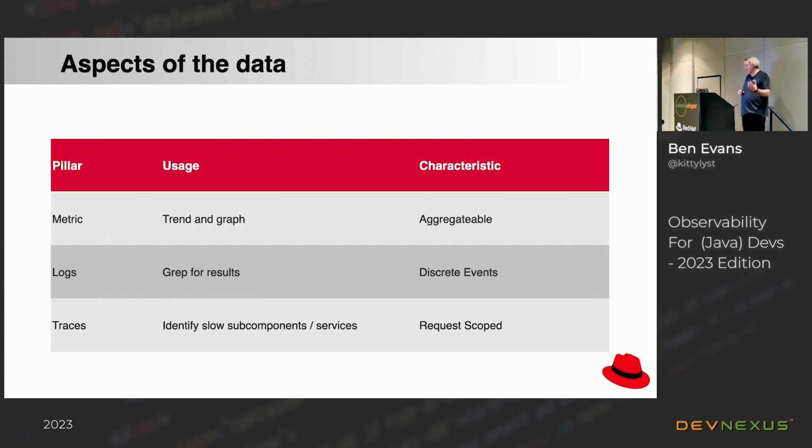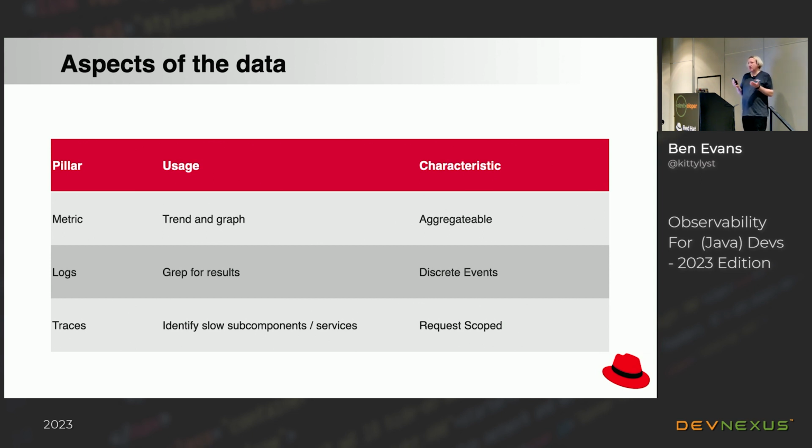So they're about discrete events, and they're about just essentially semi-structured text. And traces allow you to figure out what is slow or unresponsive or not working, and their big characteristic is that they are request scoped. So they are proportional to the number of requests you get, but you can also do some things like faceting on, well, let's suppose you're doing an A/B deploy.